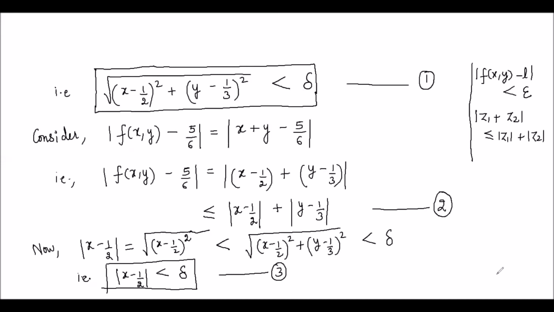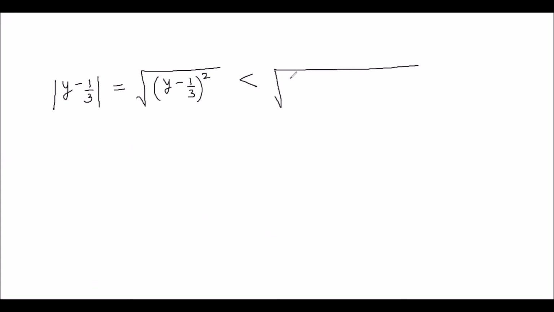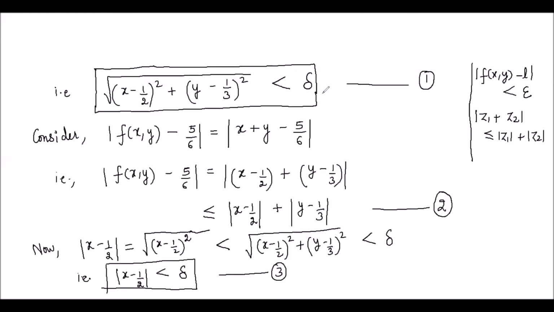Similarly, if I talk about mod of y minus 1 by 3, we can write it as the square root of y minus 1 by 3 whole square, and let us convert it into an inequality. This time we will be adding x minus 1 by 2 whole square. Why are we adding this one? Because we know that this expression is in our equation 1, that this is less than delta.